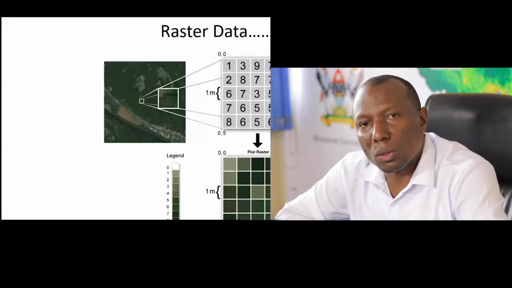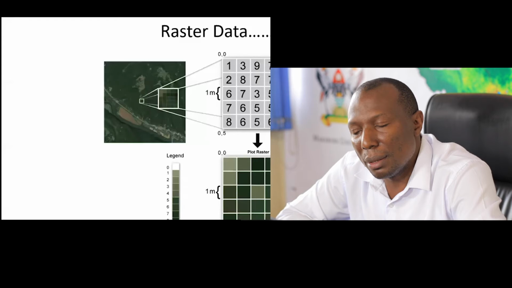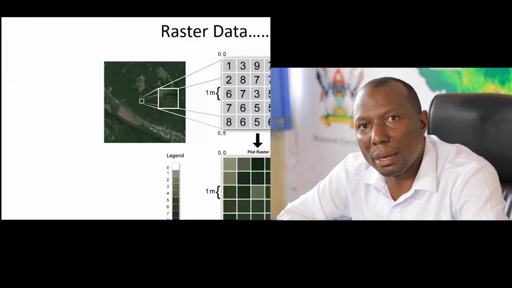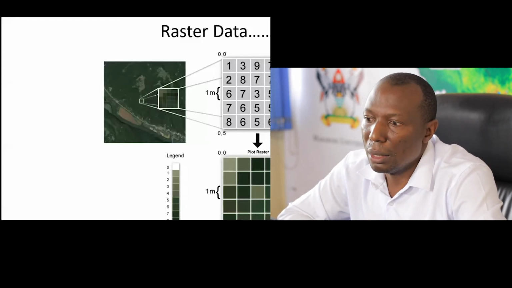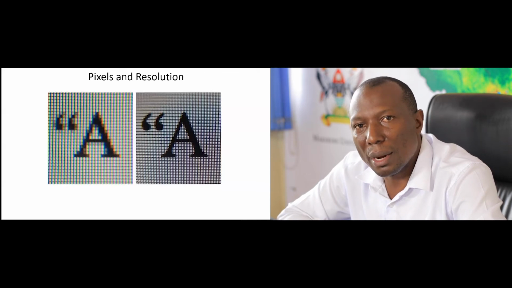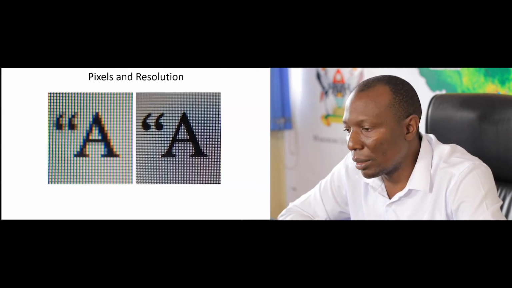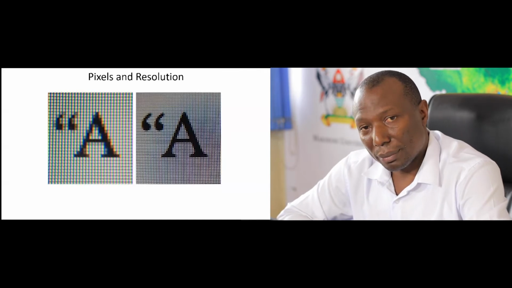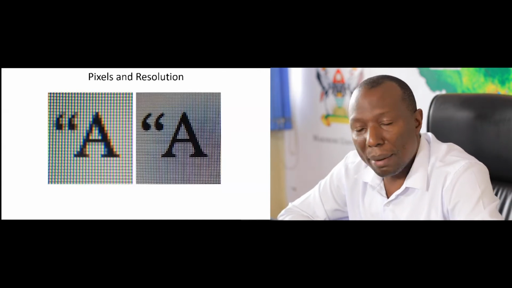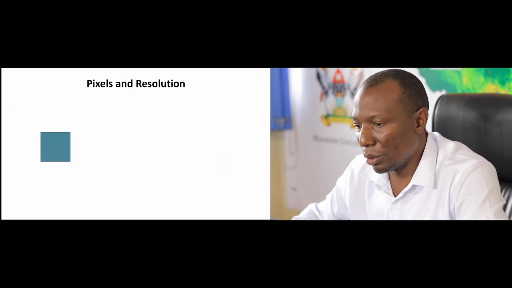Now, pixels are very critical in understanding and documenting rasters. If you have fewer pixels, you will have a blurred image, compared to an array of many pixels, where you have more details of what you have.